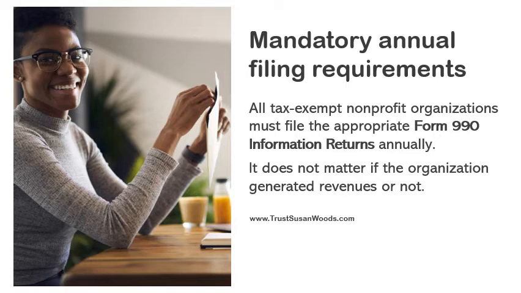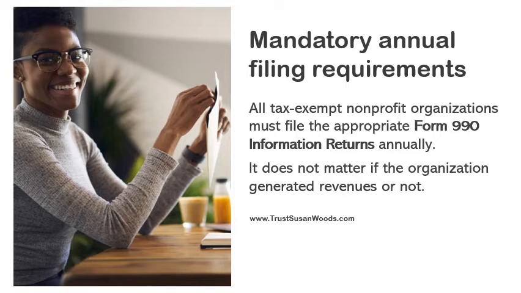Prior to 2006, the IRS did not mandate organizations that earned or generated less than $5,000 to file the Form 990 information return. You just didn't have to do it. And because you didn't do it, it was assumed that you didn't meet the requirements to have to file.